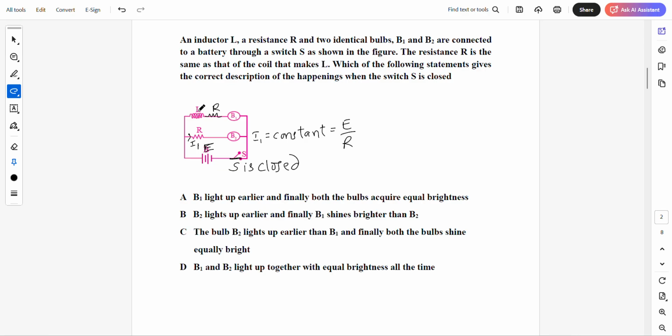Now what happens here? What is the equation of current in case of inductor? Growth equation: I is equal to I naught into 1 minus e to the power of minus t by tau.